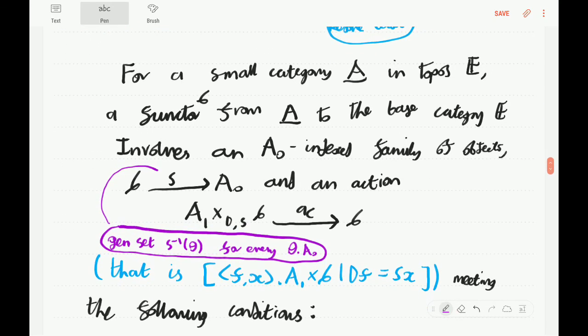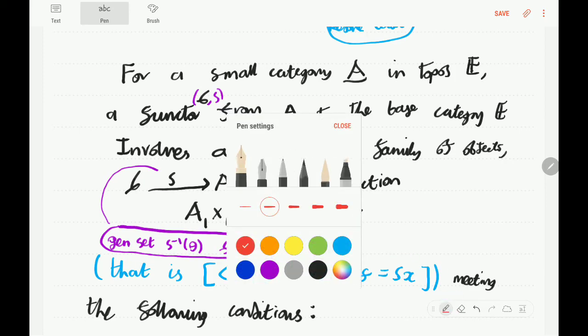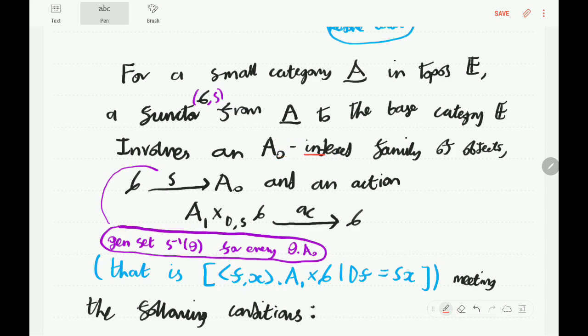For a small category A in a topos E, what we'll call a functor zeta, I should maybe call it zeta comma S really, from A to the base category E, well, it involves an A naught indexed family of objects. So we can think of this as an arrow S from zeta to A naught.